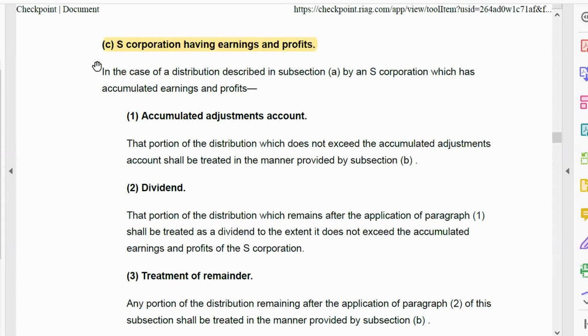Corporations having EMP. And what do these words say? Accumulated adjustments account in C1. The AAA account is a guidepost to tell you how much of your distribution at the shareholder level gets to be accounted for under normal distribution rules. It tells you where to go.